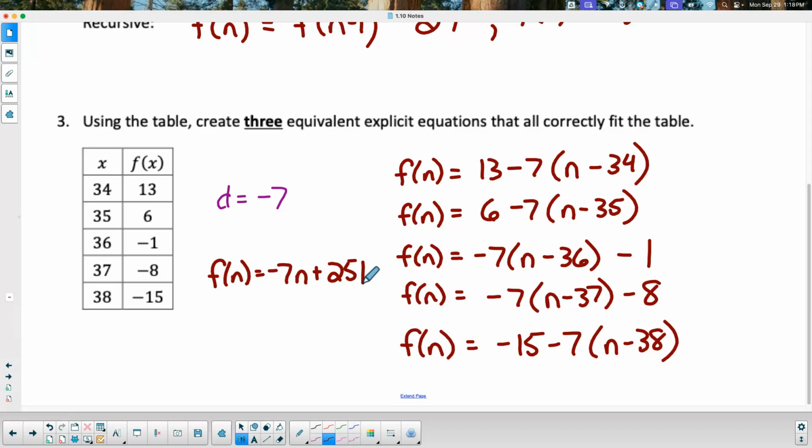All of them simplify down to be that one. Yep. Love it. Okay.